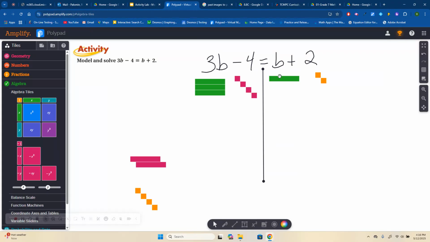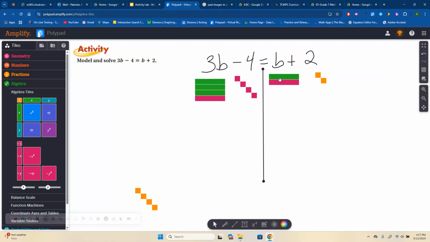Now, one of the moves I can do is automatically remove these two if I want to, and we'd be fine, because what I remove from one side is the same as what I remove from the other side. Now, what does that really look like in terms of algebra? In order for me to do that, I need to be able to cancel out these variables, right? So what I do is I put a negative b on this side, and what I do to one side, I have to do to the other, to keep everything balanced out.